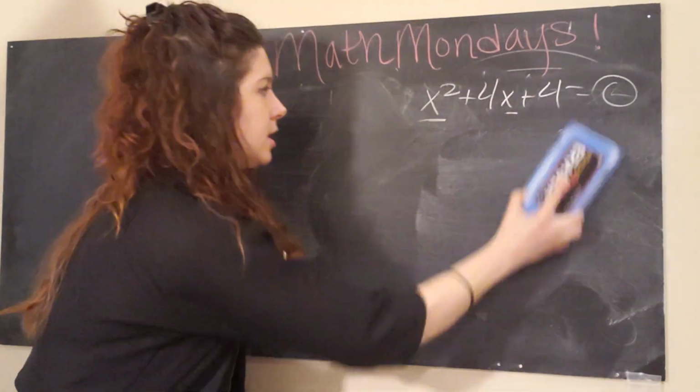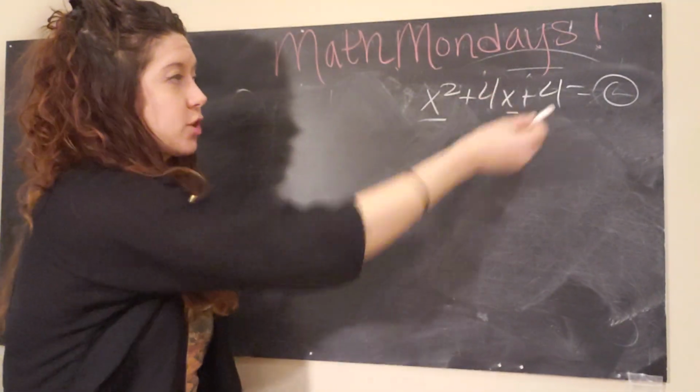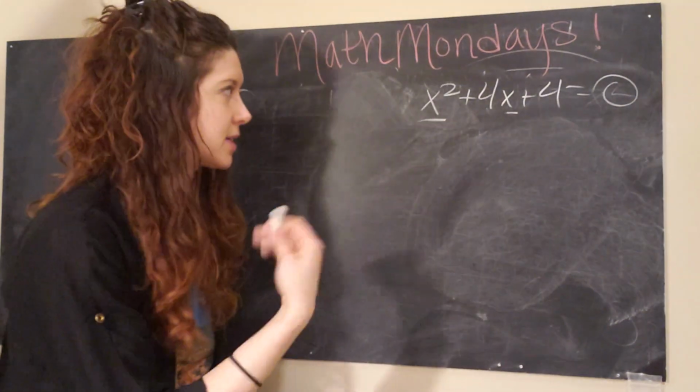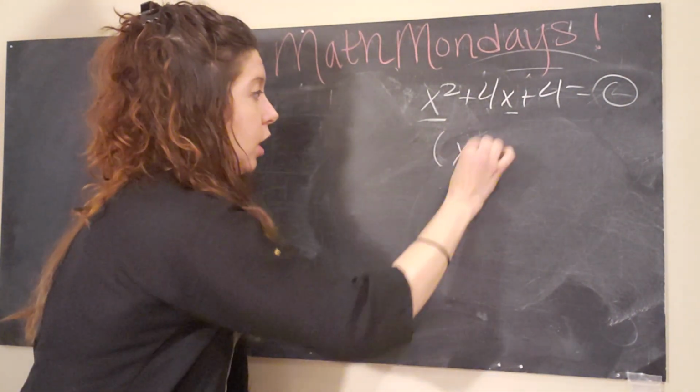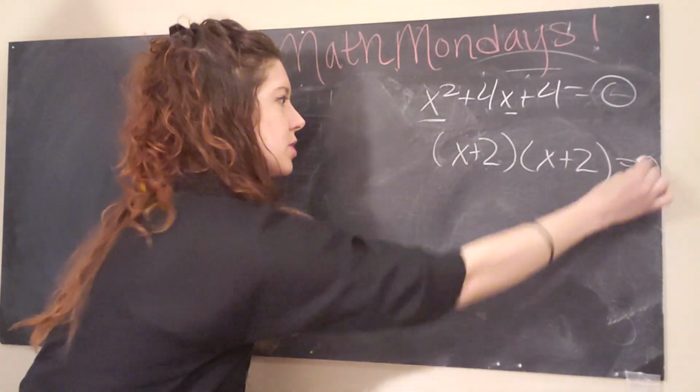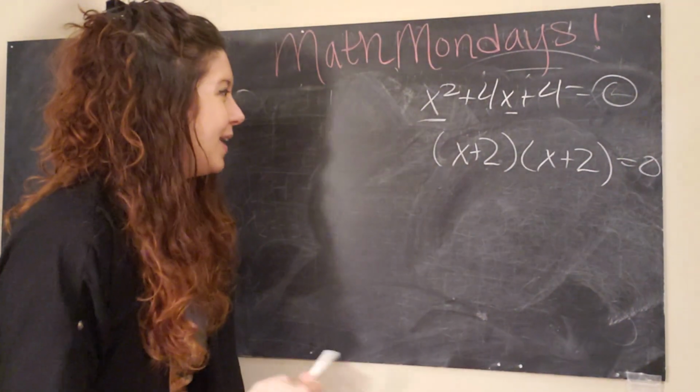So, okay, to factor this, it really just comes down to knowing patterns, and because I've done this more times than I can count off the top of my head, I can tell you that it's x plus 2 times x plus 2 equals 0. Always check my work.